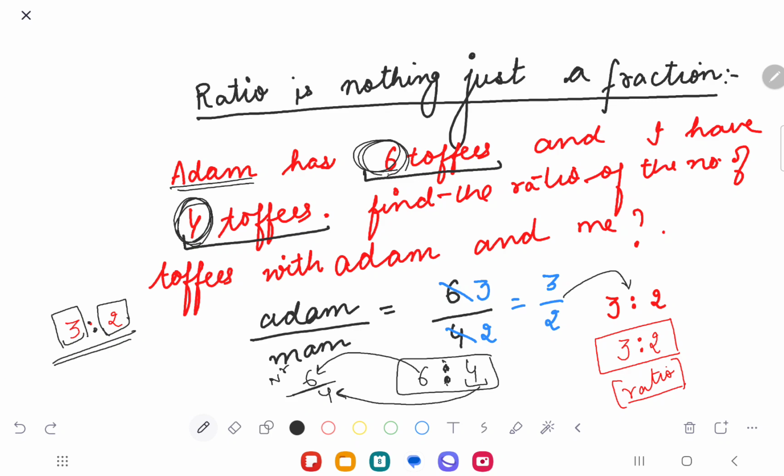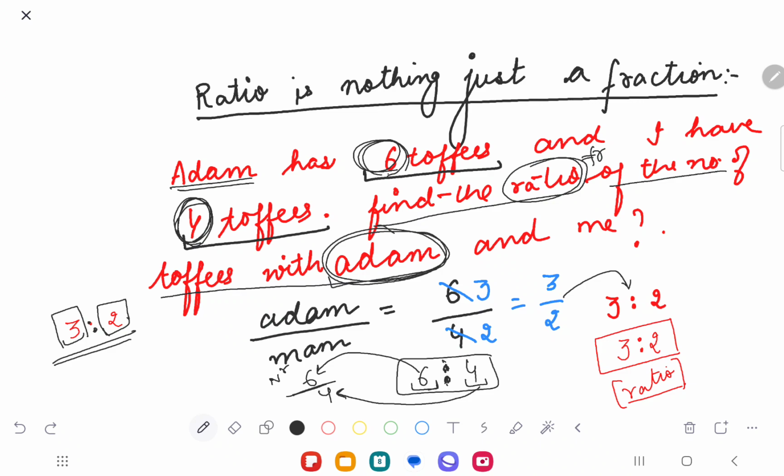Simple. And why did I keep 6 first? Because the question is saying find the ratio. Ratio basically means fraction. Find the ratio of the number of toffees with Adam. So what is the question writing first? Adam, and then me. That means Adam has to be written first, is to me.